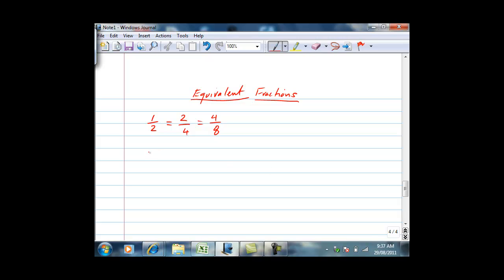Let's have a look at an example using diagrams. Let's make two rectangles of the same size.